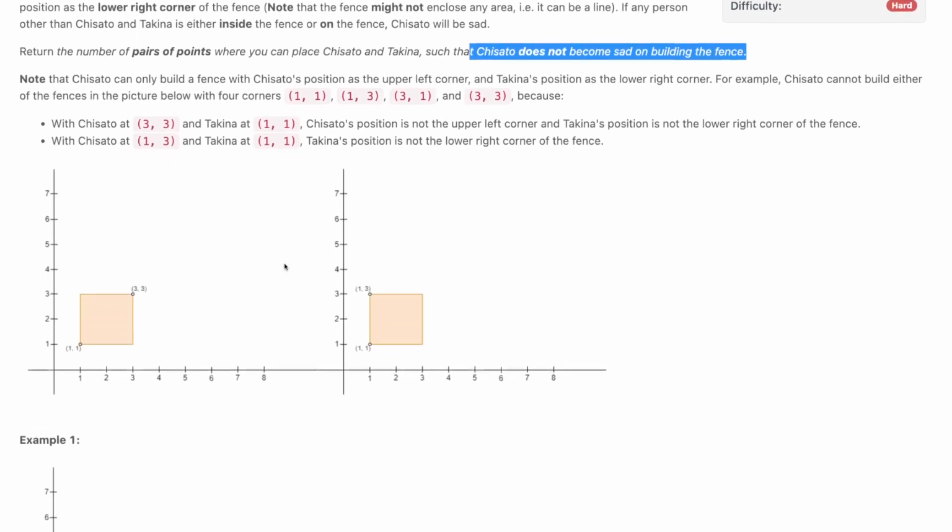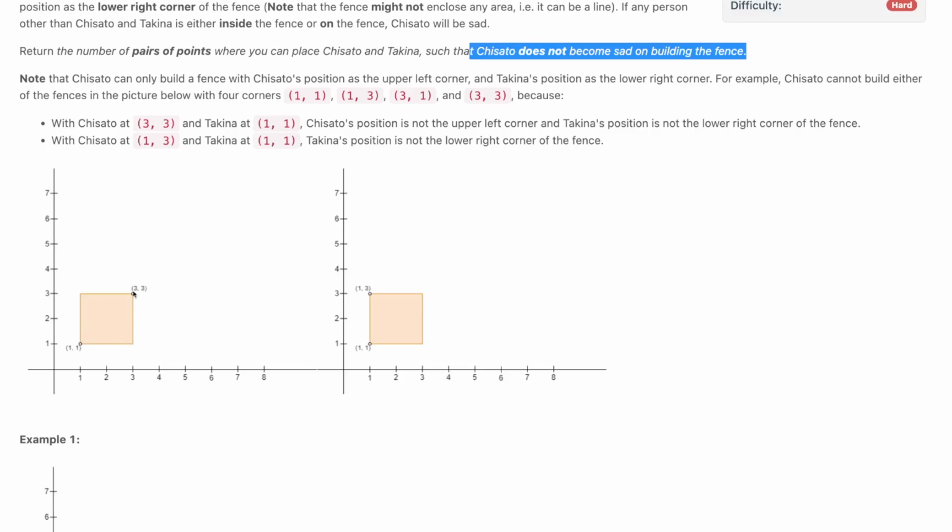So let's take an example. Let's say there are these 2 points. If there are these 2 points, you can't build a fence at all such that Chisato will be happy. So Chisato will only be happy when Chisato is at the top left corner of the rectangle and Takina is at the bottom right corner of the rectangle.